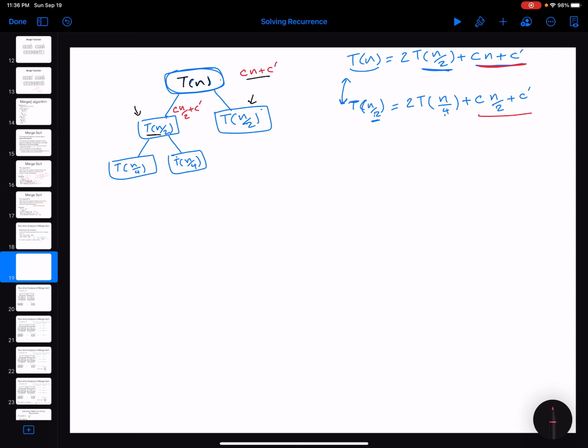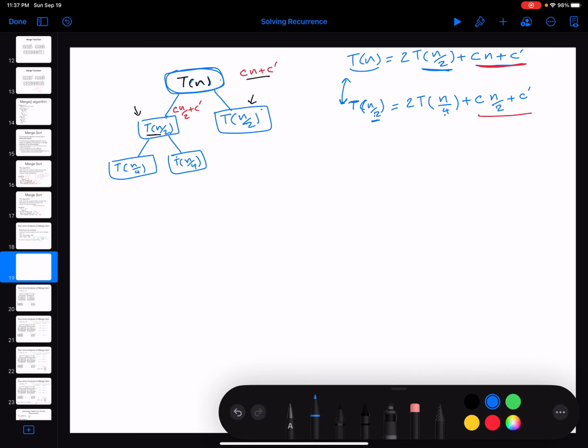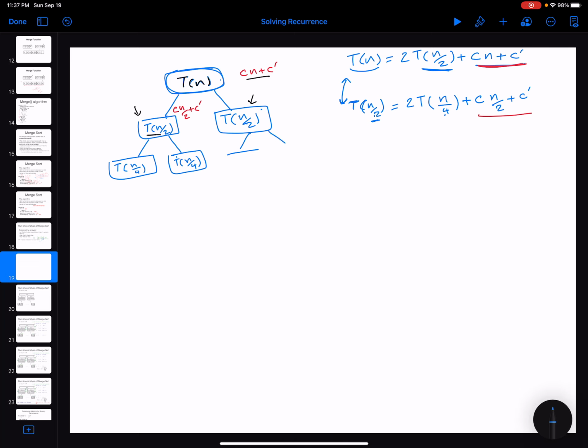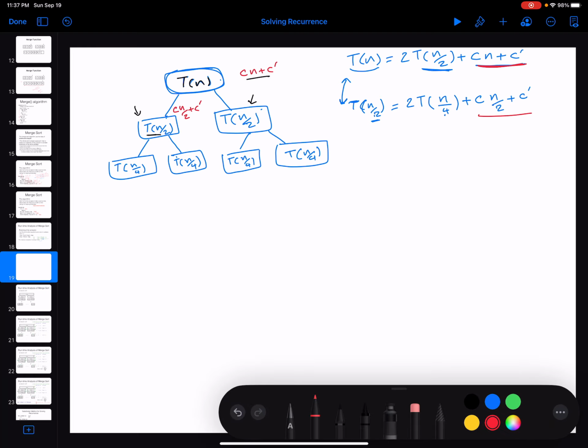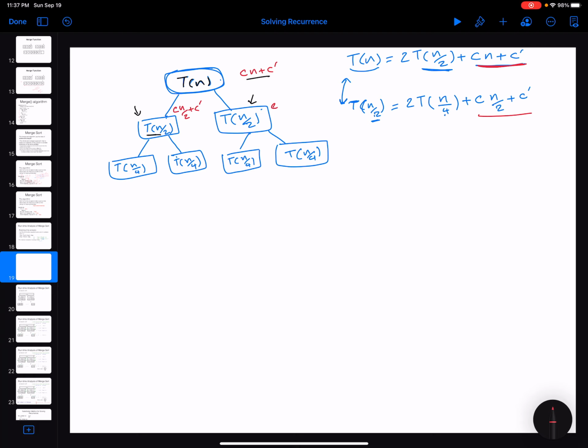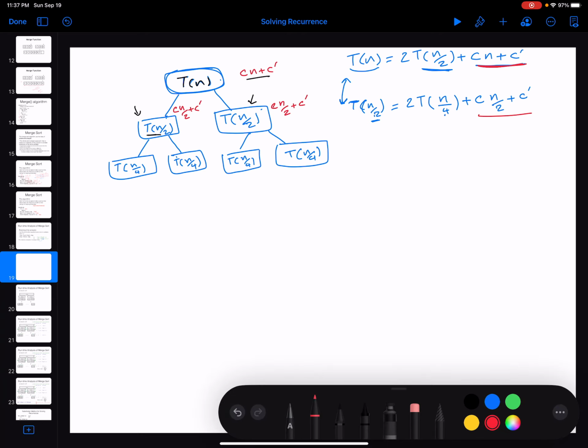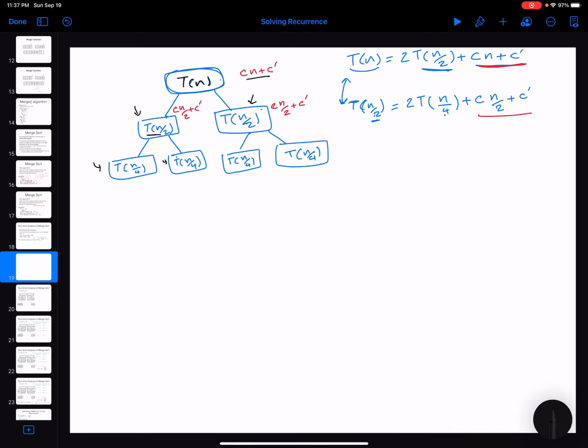And all of this discussion is going to be applied to this box as well: T of n divided by 4, T of n divided by 4, and there is going to be an additional cost of C of n divided by 2 plus C prime. I can do the same discussion for all of these boxes.